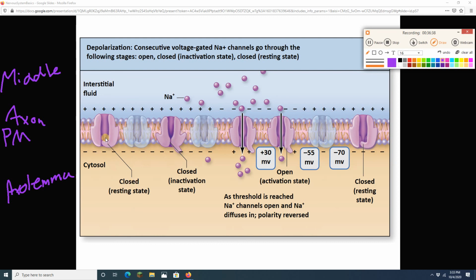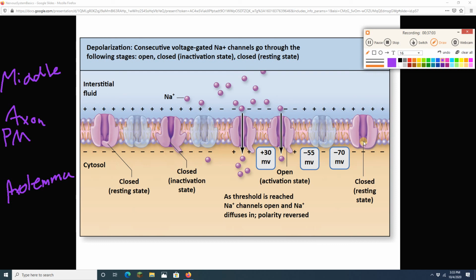Okay, this guy is closed. This voltage-gated sodium channel is closed, but he's in his resting state. This means he could potentially open. This guy is closed. He's in his inactivation state, though. That means he cannot open right now. These 2 sodium channels are currently open.